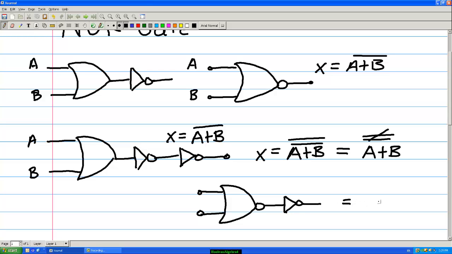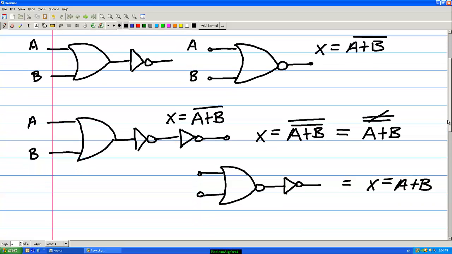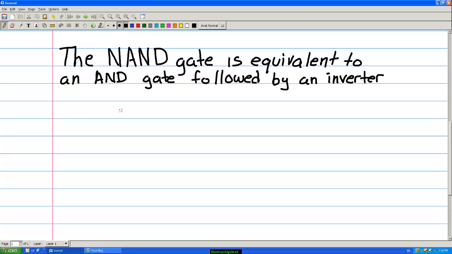That would just give us X equal to A or B. So a NOR gate followed by an inverter gives us an OR gate. So now let's move on to define a NAND gate. The NAND gate is equivalent to an AND gate followed by an inverter.